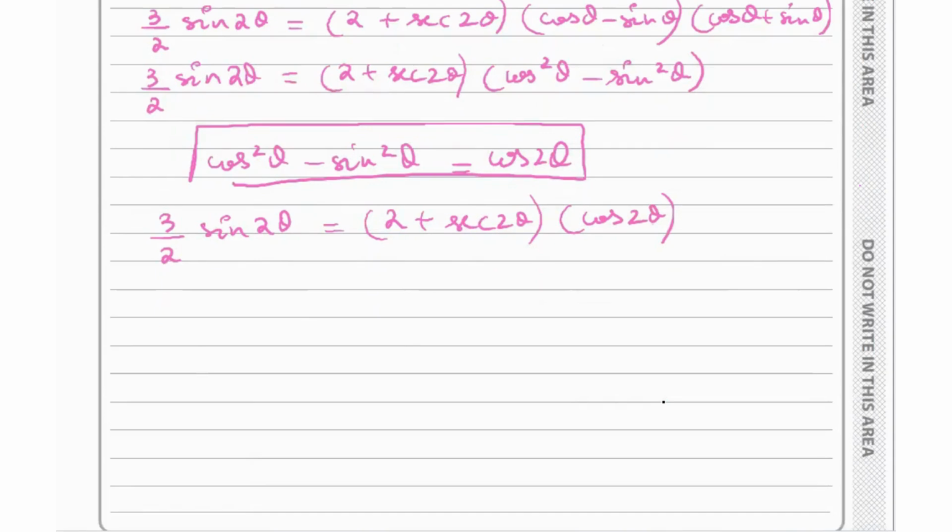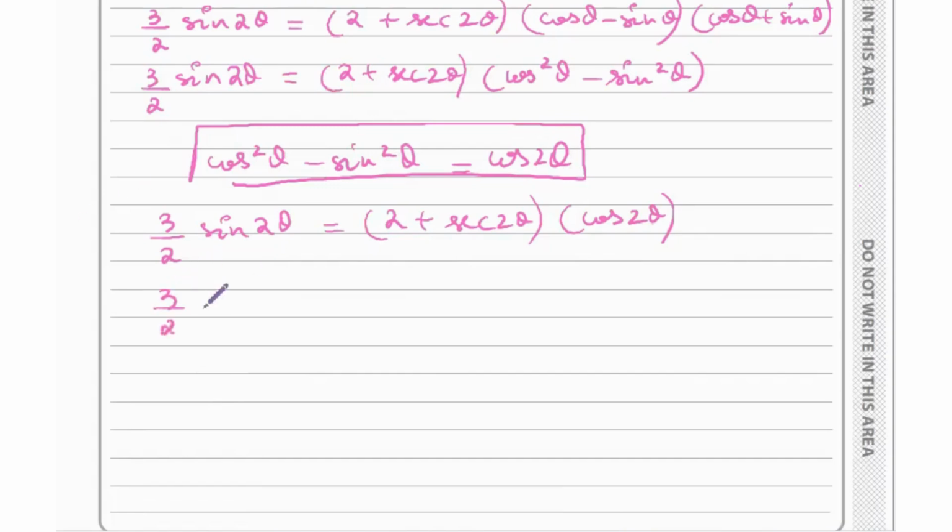Now, the next step is going to be to rewrite secant 2 theta as 1 over cos 2 theta, because secant theta is 1 over cos theta. So secant 2 theta is going to be 1 over cos 2 theta.